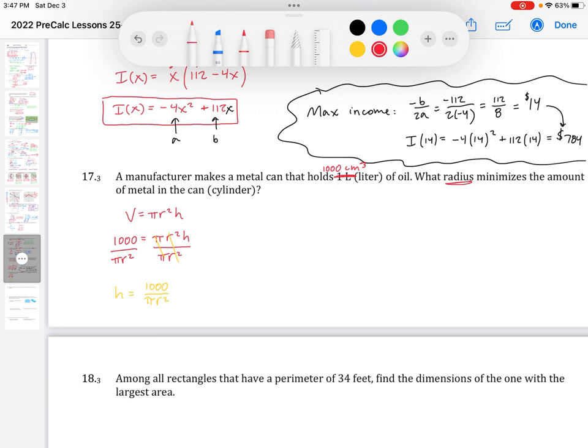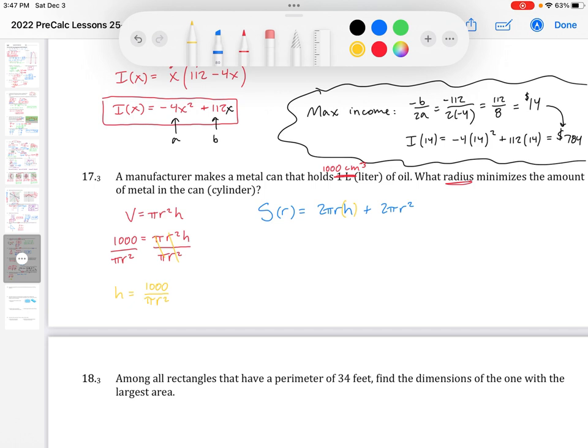So now we have to look at, okay, what radius minimizes the amount of metal? That's actually going to be asking for the surface area in terms of the radius. So surface area for a cylinder is 2 pi r times height plus 2 pi times the radius squared.